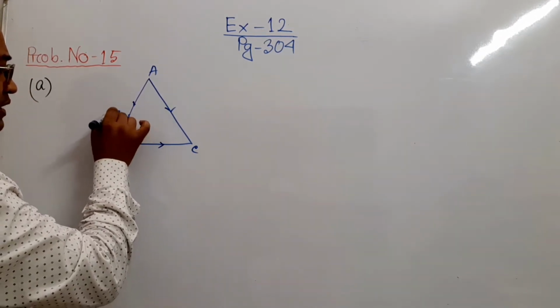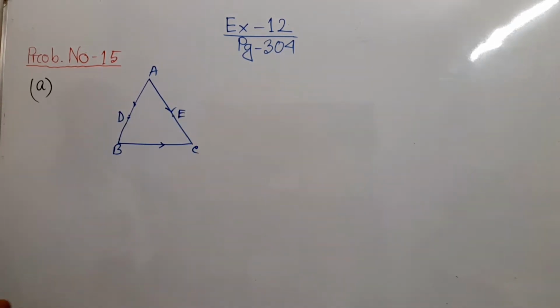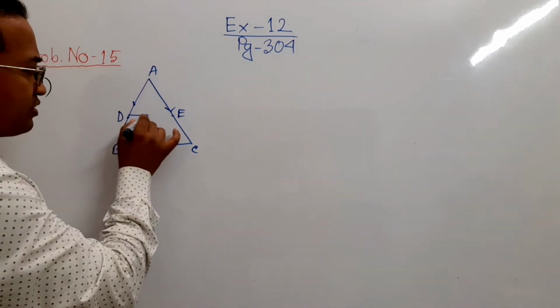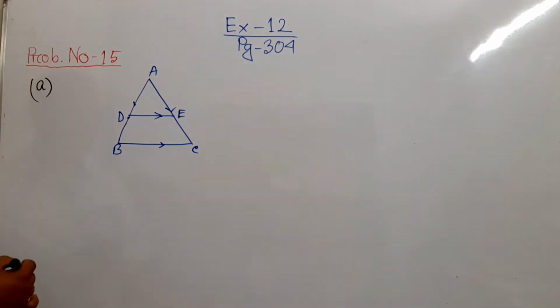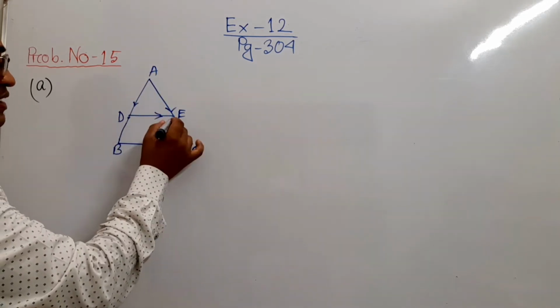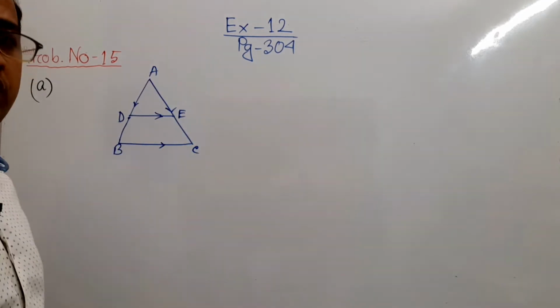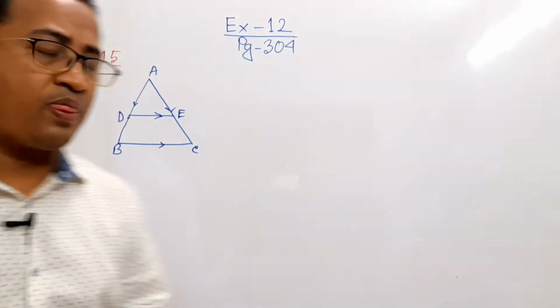Say D and E are the midpoints of AB and AC. Now join them. Now we will express AD and DE in terms of AC.